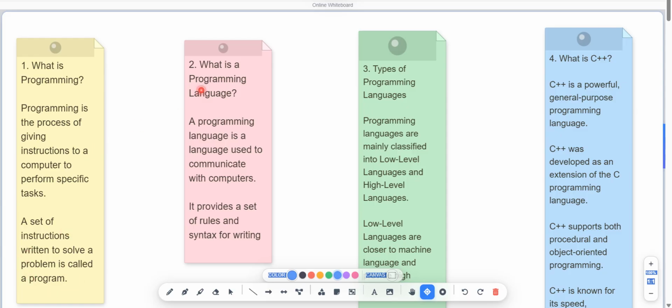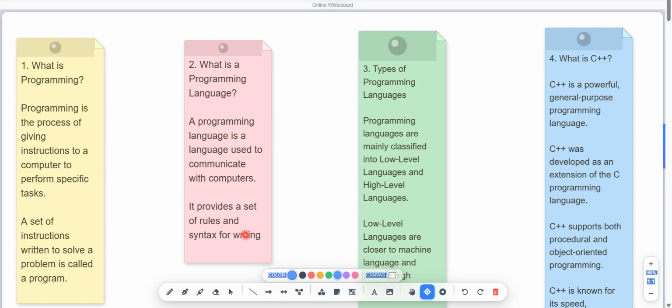Okay, what is meant by a programming language? Giving instructions to the computer to perform a specific task is known as programming. The language that we use to give the instructions is known as the programming language. It provides a set of rules and syntaxes for writing. Every language like C, CPP, Java, Python has its own individual rules and syntaxes.